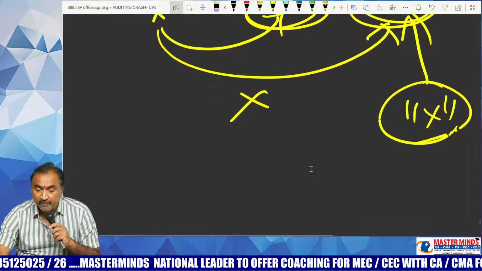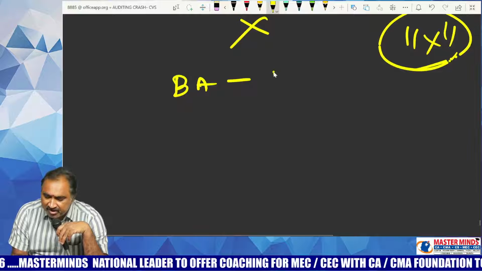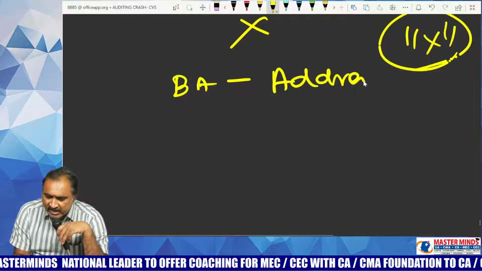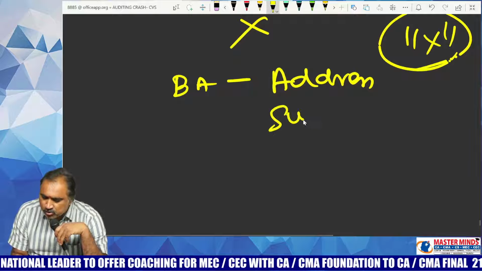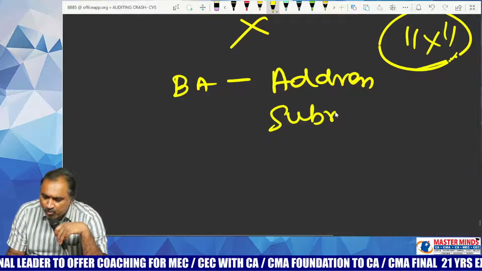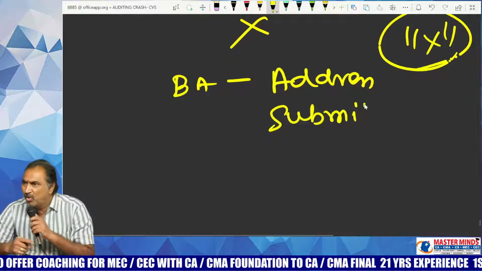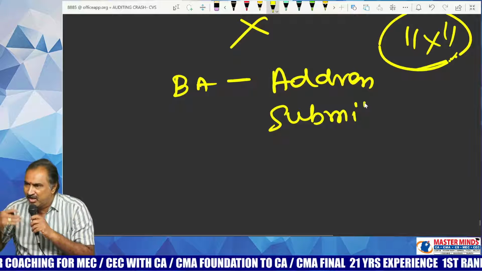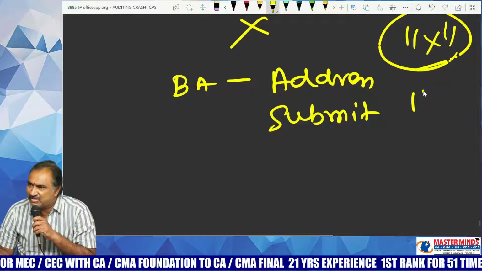Very good, very good. A branch auditor is required to address his report as well as is also required to submit his report to the head office auditor. Branch auditor is not required to address the report to the shareholders. Here he is making a report only to the company auditor or head office auditor.